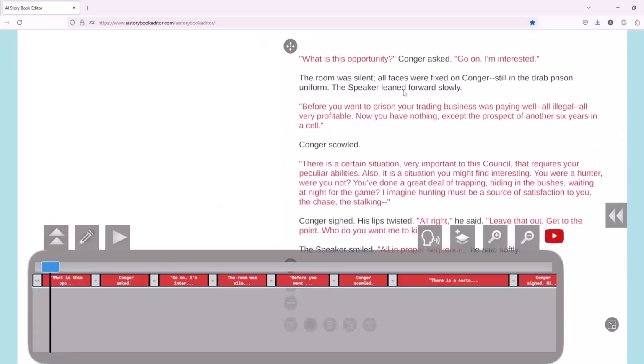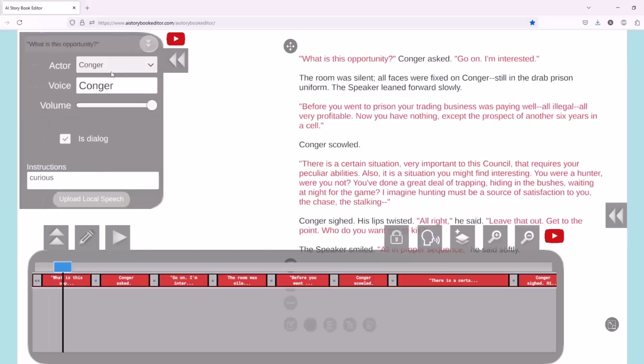So this is the first page of the first chapter, and we are going to check the assignation. The first dialogue is spoken by the main protagonist, Conger. The second is also Conger, and the next is going to be the speaker.